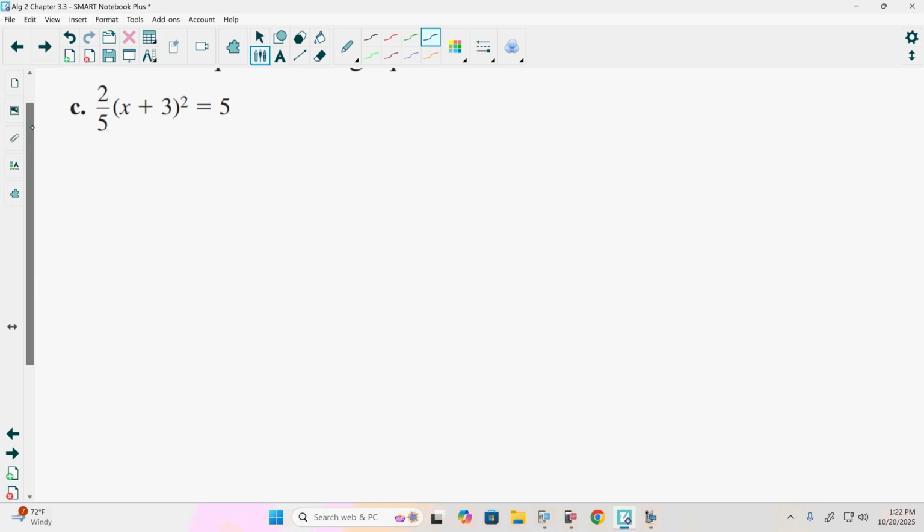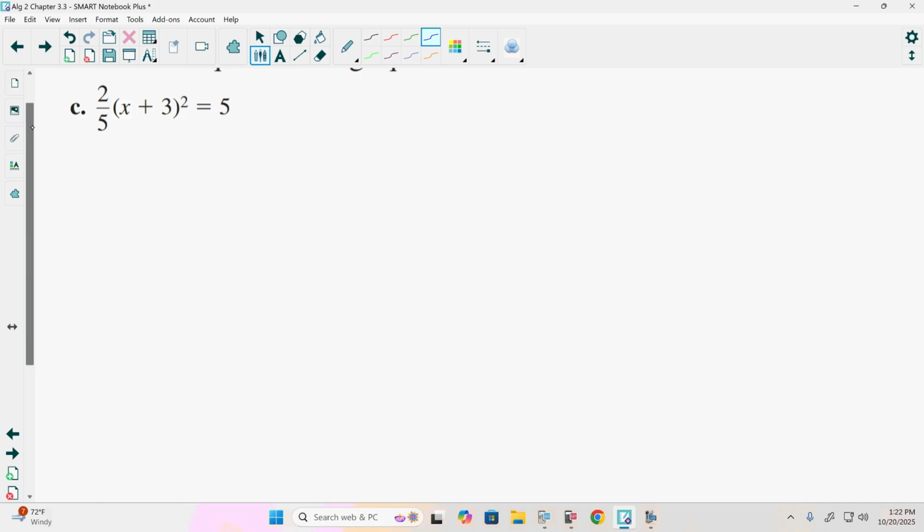Let's look at this one here. 2/5 times x plus 3 squared equals 5. Now, the only place where there's an x is inside that set of parentheses being squared, which is fine. Because if it said that 2/5 times x plus 3 squared equals 5x, we couldn't use the square root method immediately.